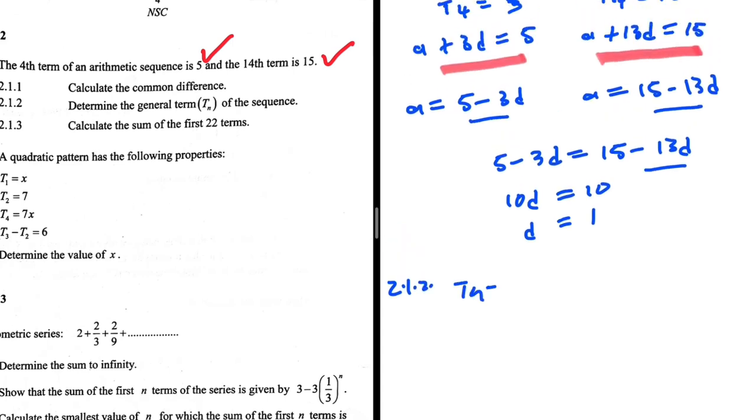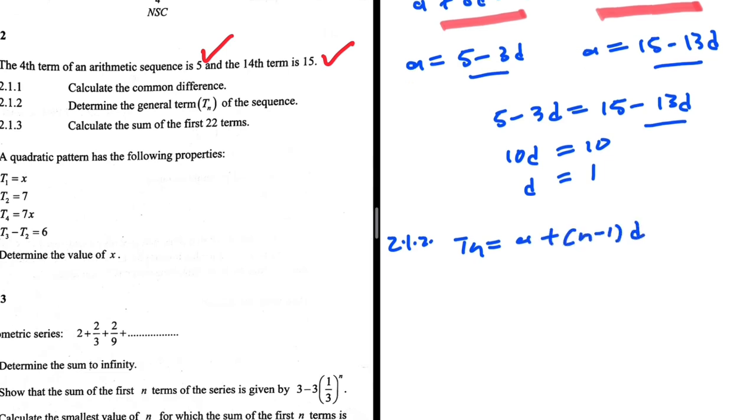So Tn is equal to a plus n minus 1 multiplied by d. We have a and d as variables that we need to figure out. We know fully well that d is equal to 1. But what is a equal to? We just need to substitute d into either this equation or this one here. So let's go ahead and substitute it on the first one.